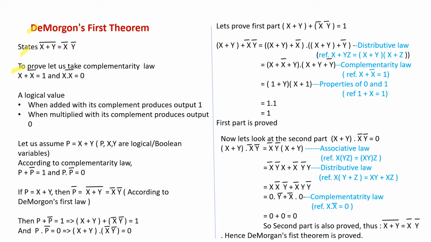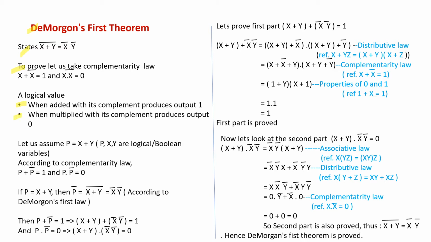This law states that when a logical value, here it is x, is added with its complement, it produces an output 1. Here the adding is logical addition, and the second statement says that when a logical value x is multiplied with its complement, it produces an output 0.